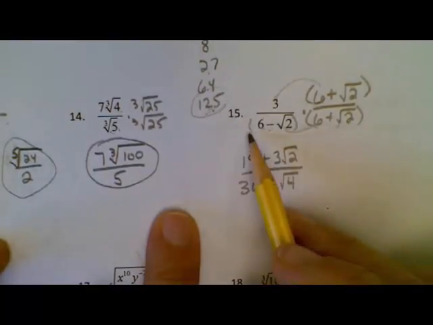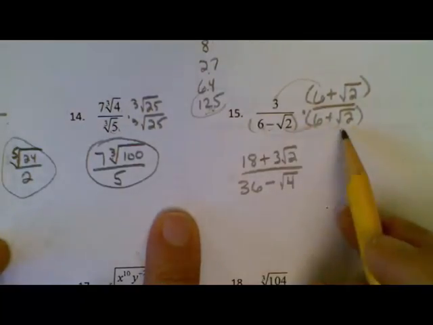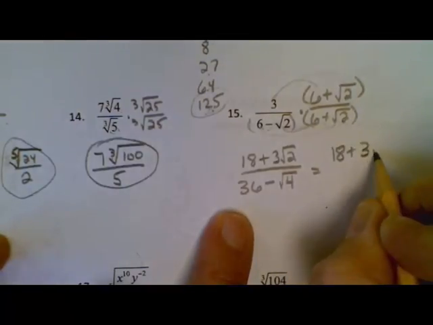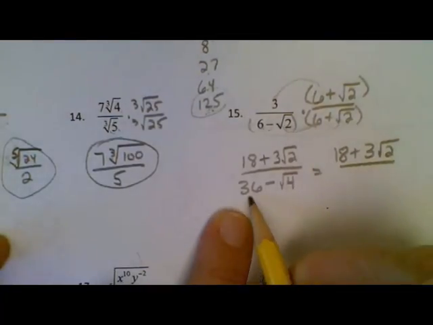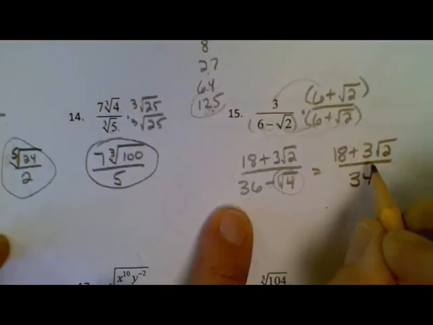So you do have to multiply the first terms together and the last terms, because the inner and outer product will cancel out. And so in the numerator, I have 18 plus 3 square root 2. In the denominator, 36 minus 2. Remember, this is a 2. 36 minus 2 is 34.